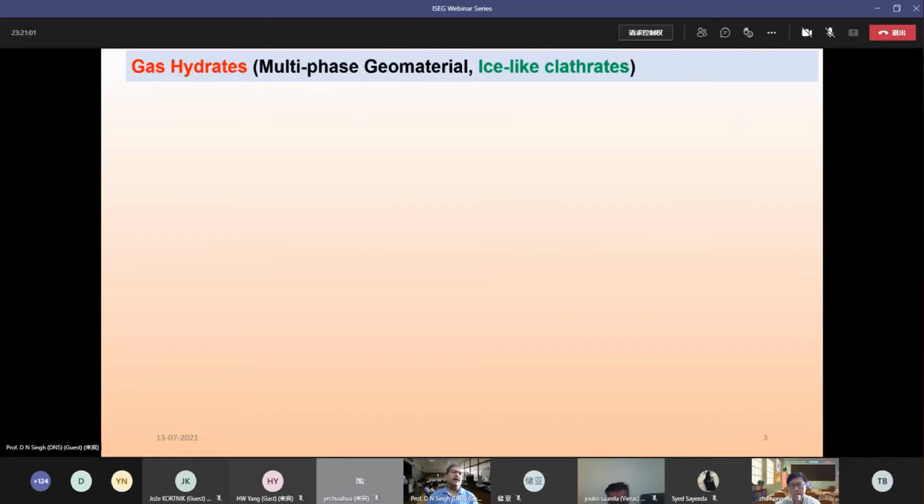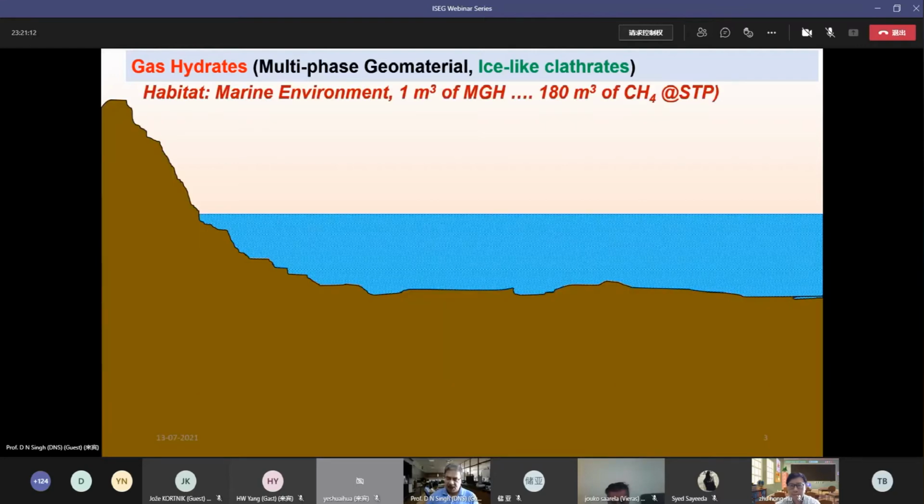The way to look at the gas hydrates would be that this is a multi-phase geomaterial, of course resembling ice-like clathrates. Their habitat, as we discussed just now, is mostly marine environment, and it is estimated that 1 meter cube of methane gas hydrate sediments would be able to dissipate 180 meter cube of methane gas at standard temperature and pressure.